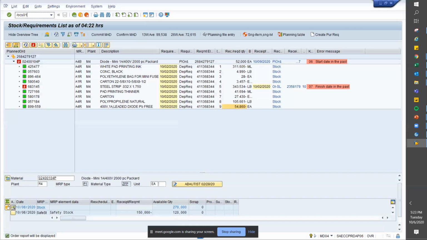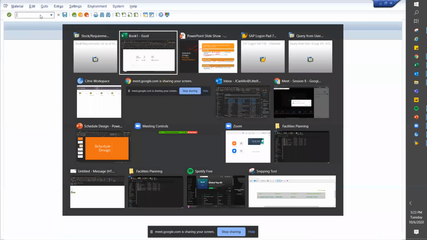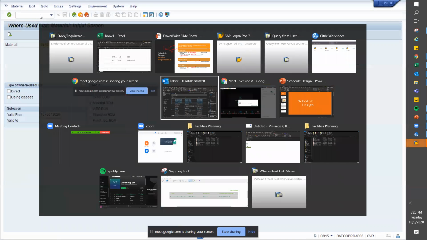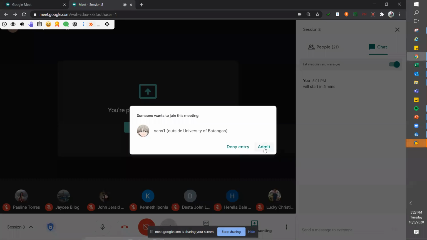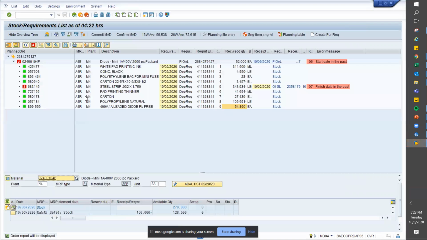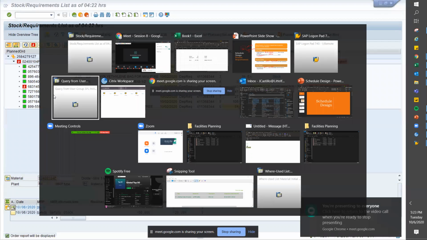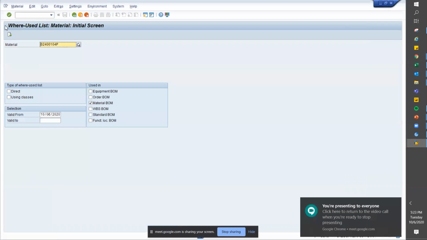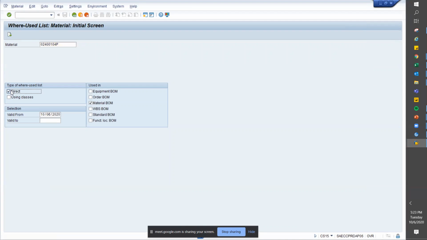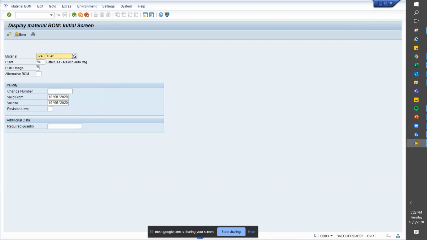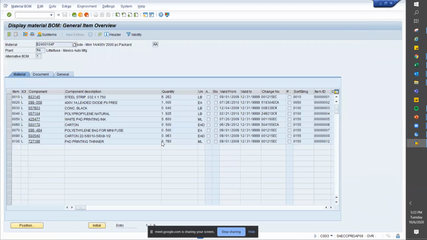CS 3. Ayan, so tingnan natin ulit yung bill of materials kasi nag-expect tayo na 1:1 siya.